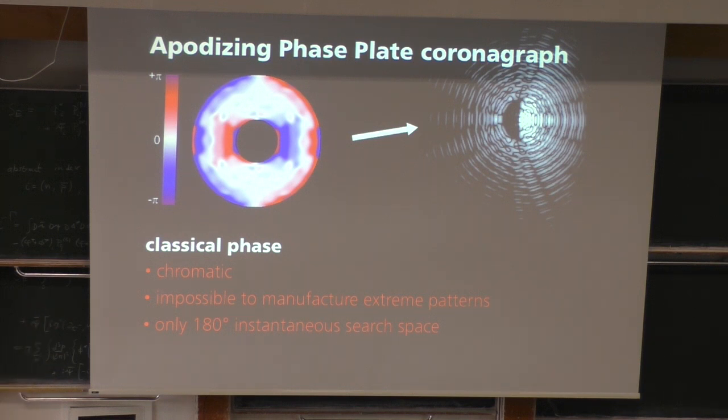On the upper left you see a phase pattern for a telescope where you have to imagine that the outer radius is the primary mirror, and this would be the shadow of the secondary mirror. If you apply a particular strange phase pattern like this, the point spread function in logarithmic scale would look something like that. So in this D-shaped region, the light has disappeared and moved to the other side. So in that region, you can start looking for planets.